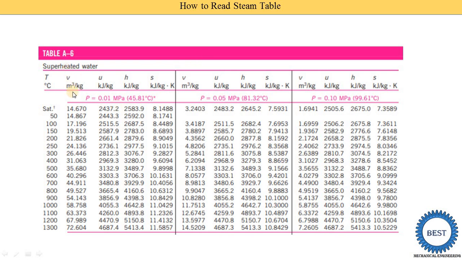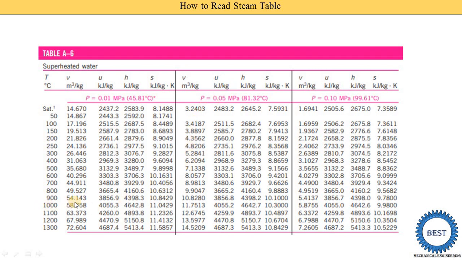Suppose we know the pressure is 0.01 megapascals and the temperature is 150. At that time we can find any specific property. V means specific volume, U means internal energy, H means enthalpy, S means entropy. Suppose we need the enthalpy at 0.05 megapascals and a temperature of 1000.